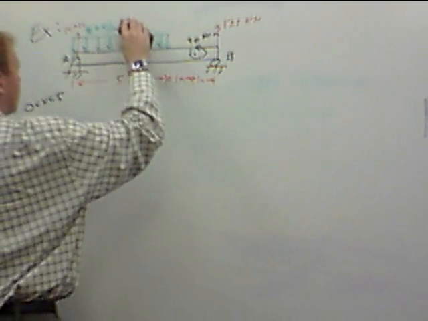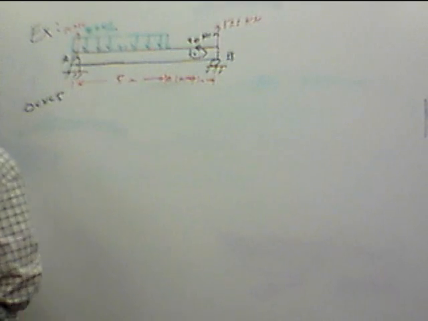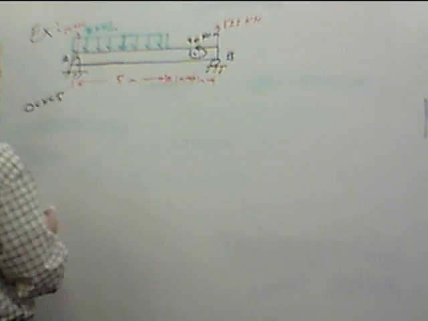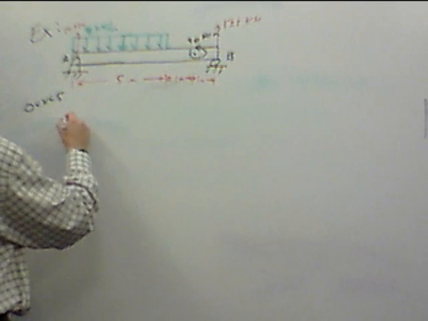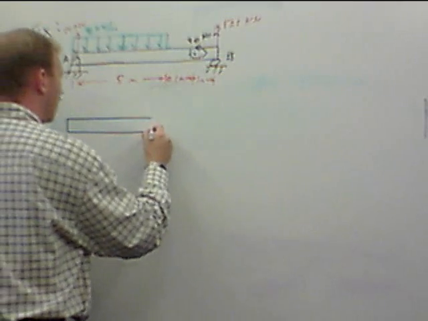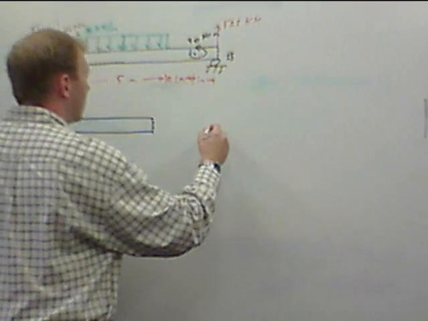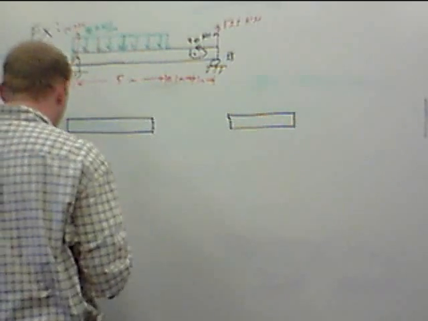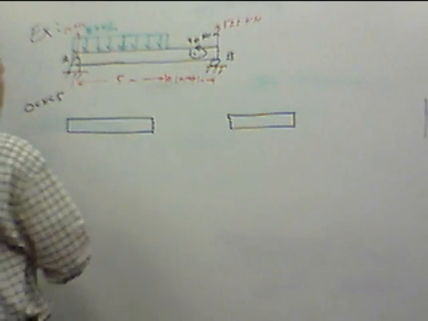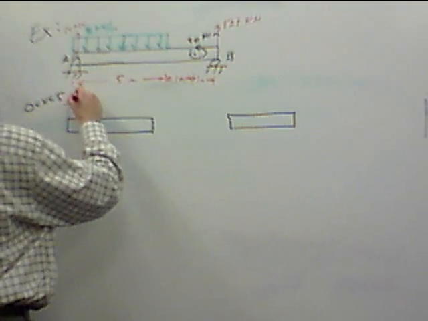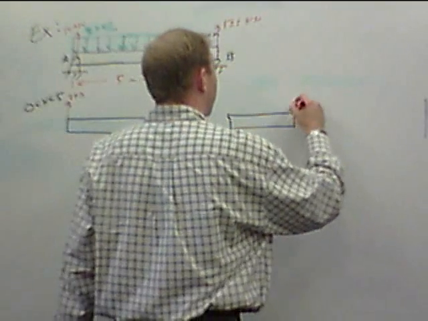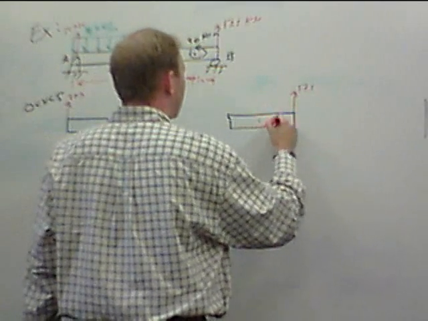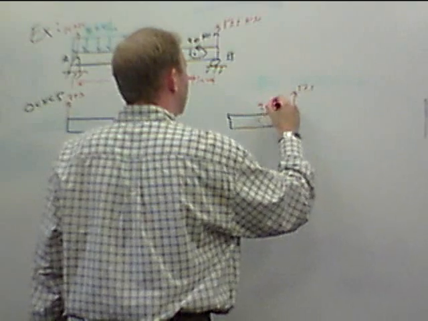When I cut this thing into 2 sections, okay, we're still going to have our forces applied here at 22.9, here at 17.1. We're going to have our applied moment of 20.